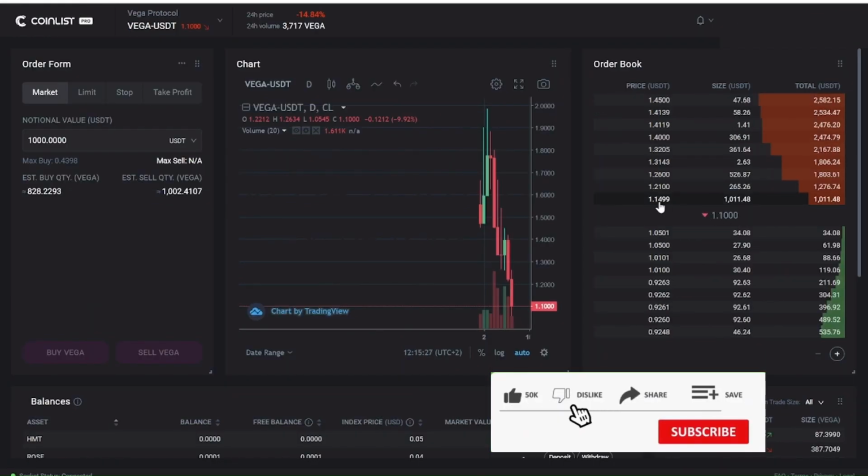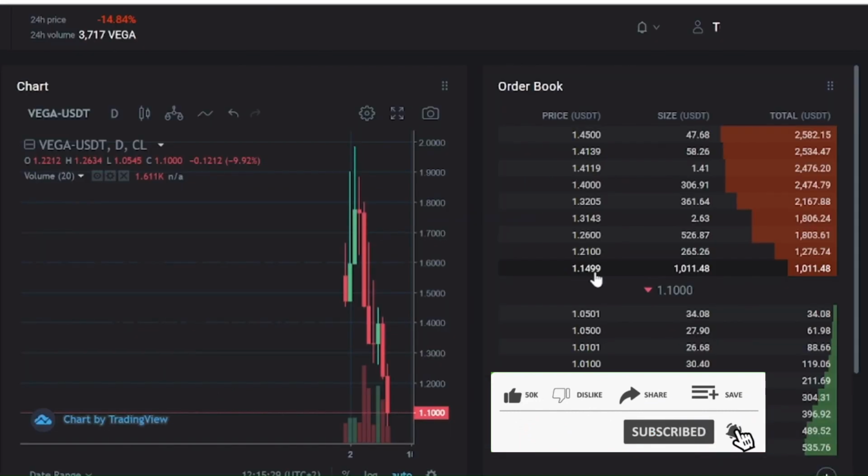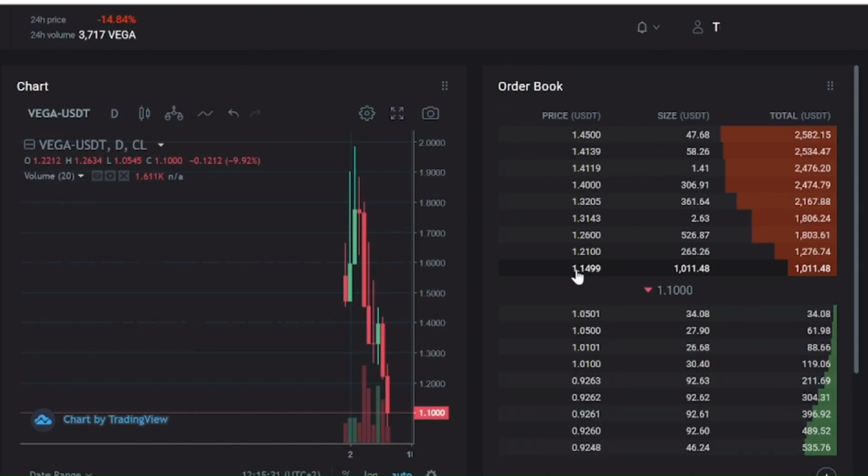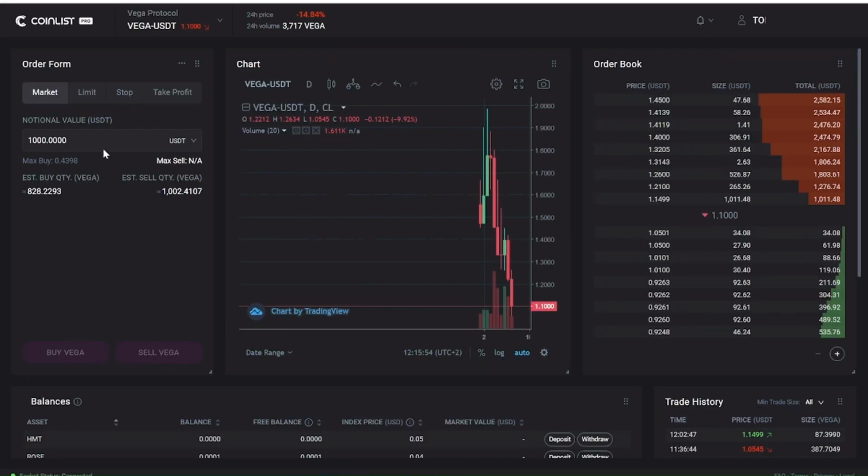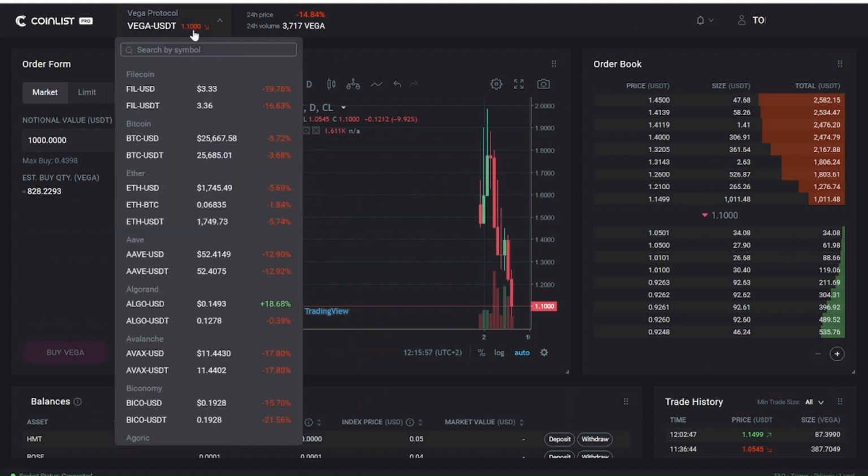So around there, people are willing to sell at this price and willing to sell at this price. So you can sell at this price, or if you don't want to wait, someone over here is willing to buy from you. You can sell immediately at the market price right here, 1.10.